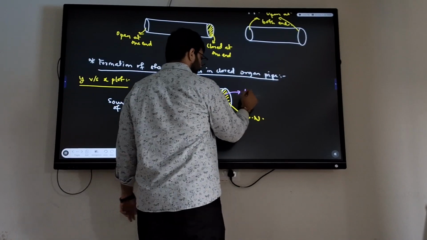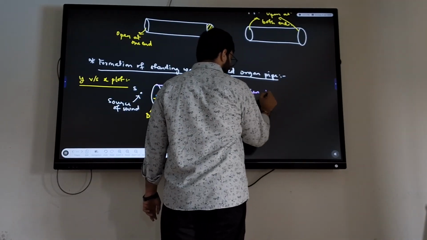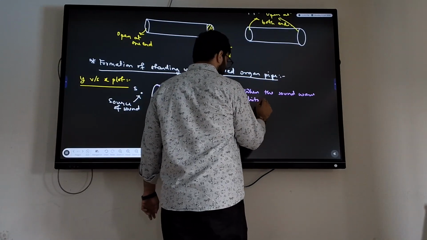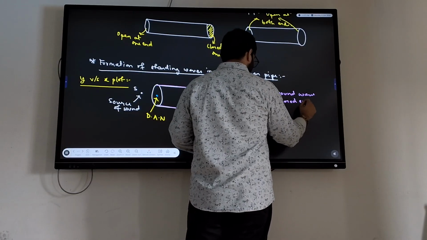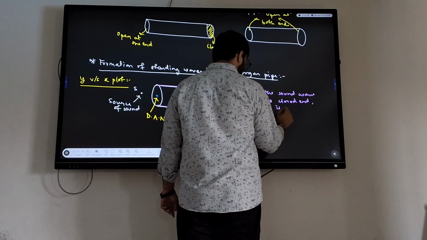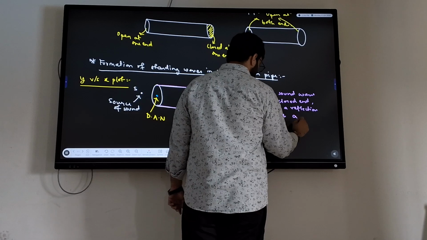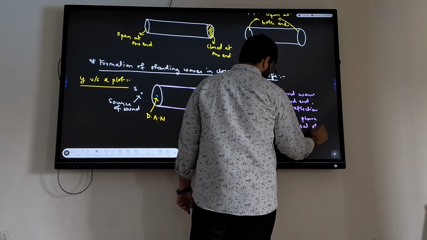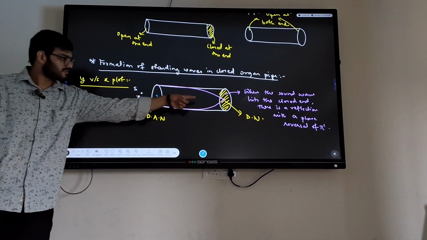So when the sound wave hits the closed end, there is a reflection with a phase reversal of pi radians. Does it make sense? There is a phase reversal of pi radians. That's why the other wave should look like this.